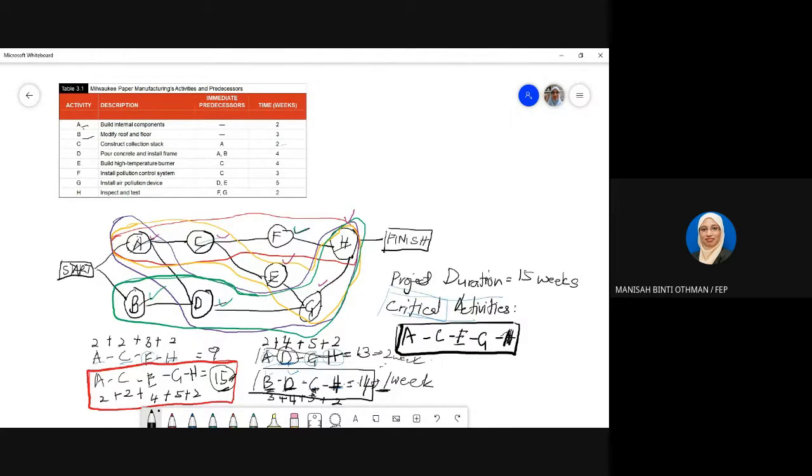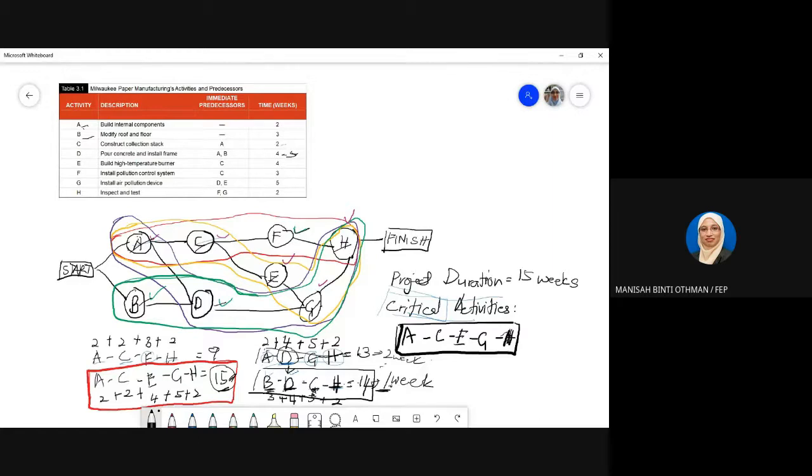But remember, either B or D, you can delay only 1 week. Even though in this path you can delay 2 weeks, you cannot delay D more than 1 week. D needs 4 weeks to complete, but you can complete it within 5 weeks only.